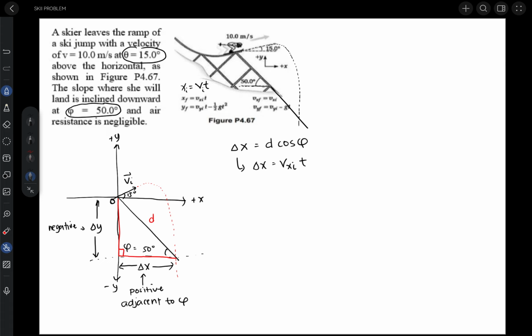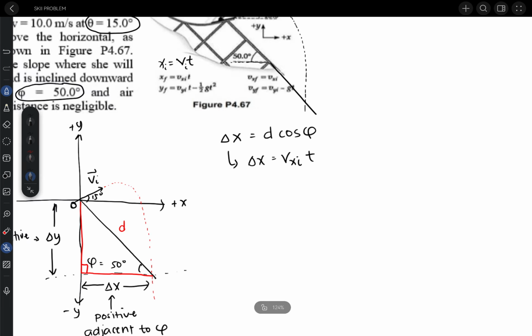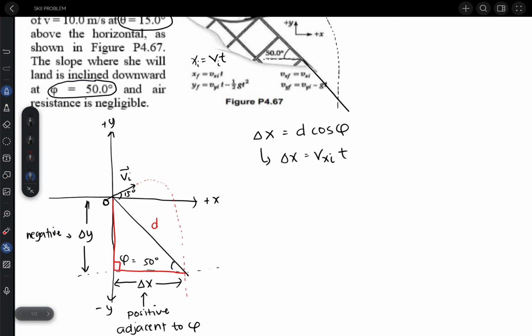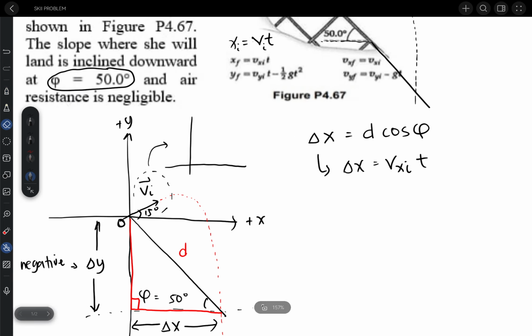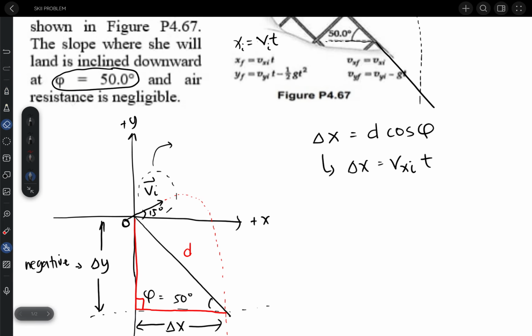But what is vxi? What is the velocity component in the x-axis? We know that our initial velocity is a vector which we can resolve. Let me zoom that in. So this is a velocity.